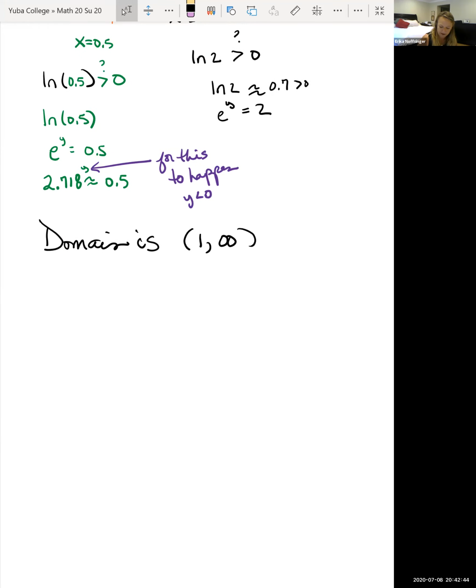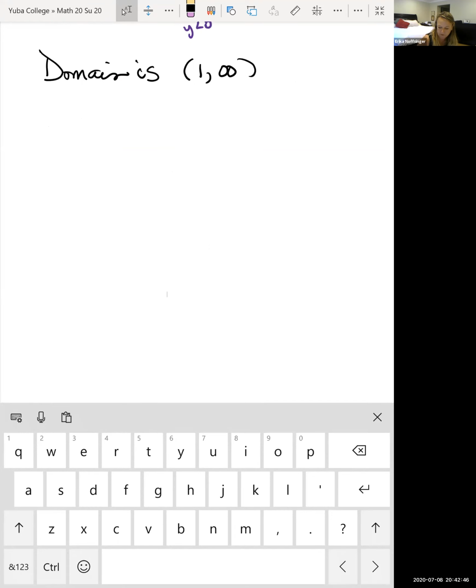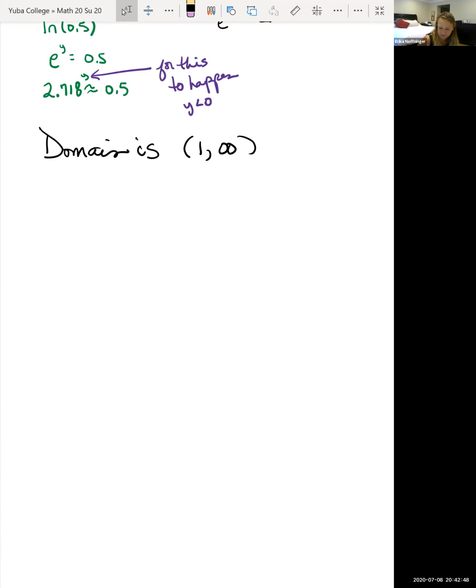Okay, so graphing logs. Well, it depends on your base. Is your base bigger than 1, or is the base of your log between 0 and 1? Same as what happened with our exponential.